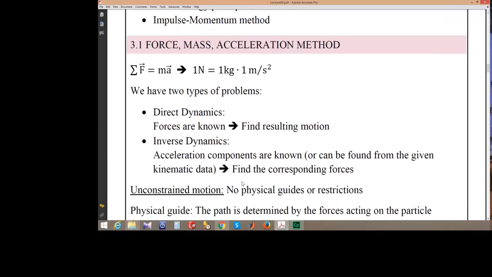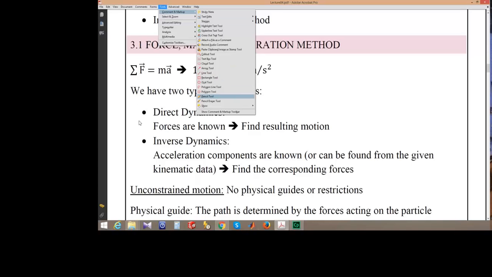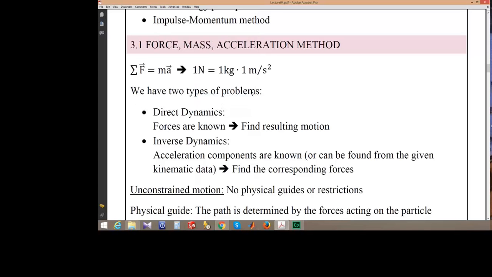Now, in terms of units, we're using newtons for force, and based on this equation, this newton is kilograms meters per second squared. This is the SI units. Please do not use SEC, for example, for seconds; this is not SI units.